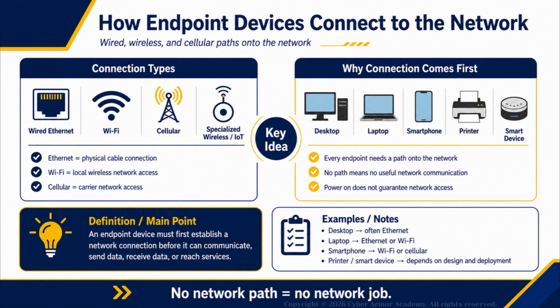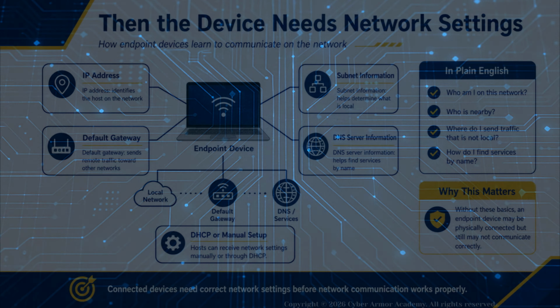So, whether the endpoint is a desktop, laptop, smartphone, printer, or smart device, the first step is the same: it needs a path onto the network. If that path is broken, weak, misconfigured, or missing, the device may still be powered on, but it will not be able to do its network job.